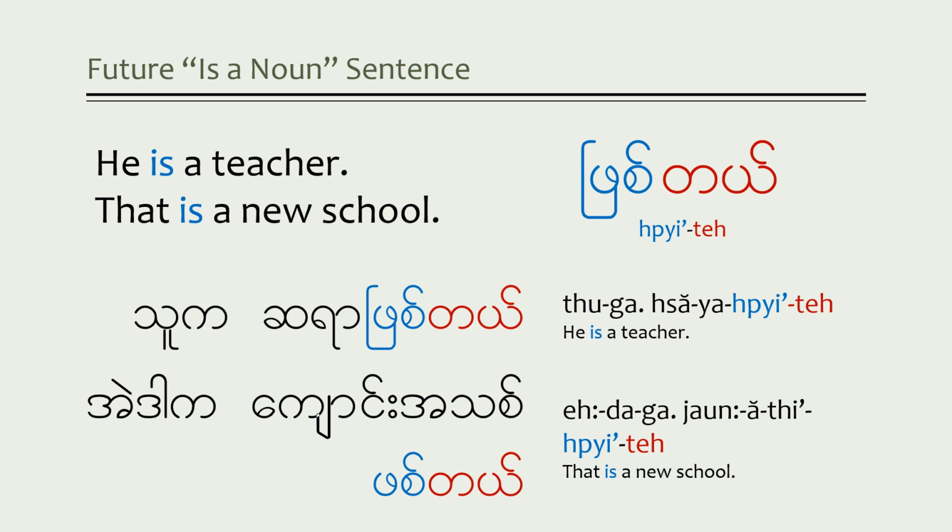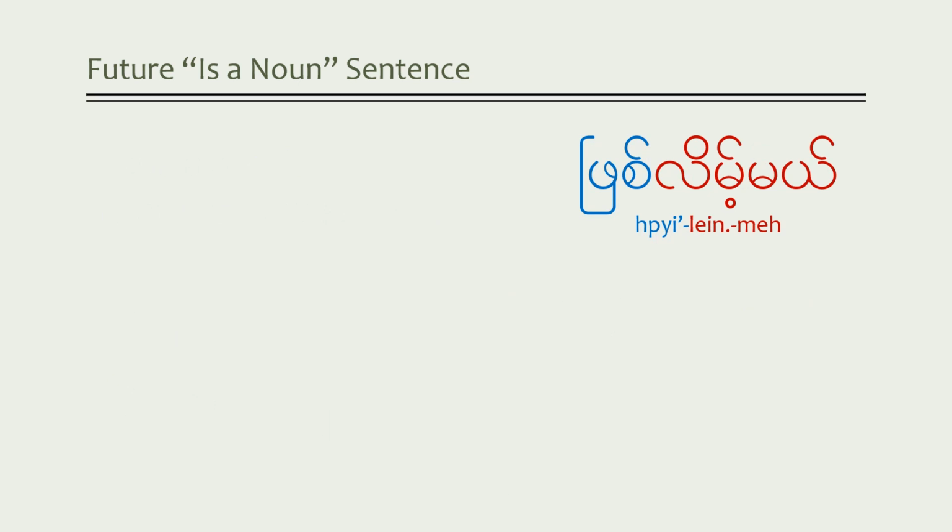So how do you turn these into future tense sentences? So to turn an is a noun sentence into a future event, you retain this verb pit, but instead of using the te final particle, you use lein.